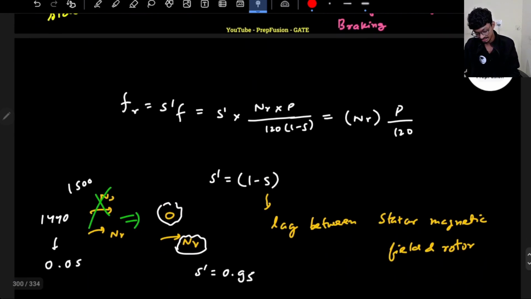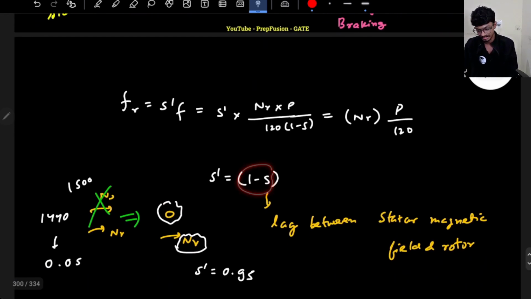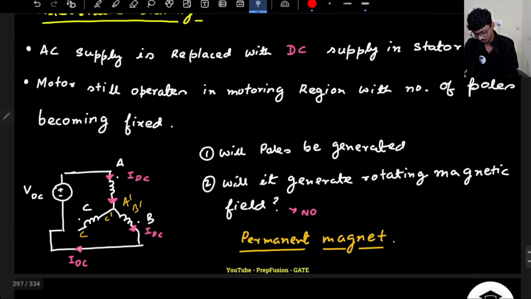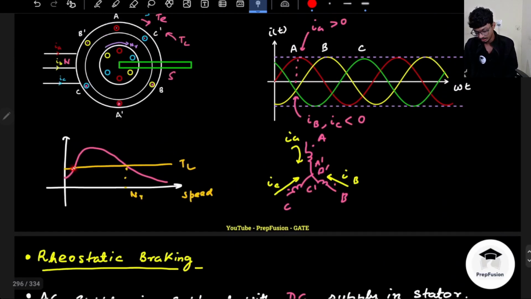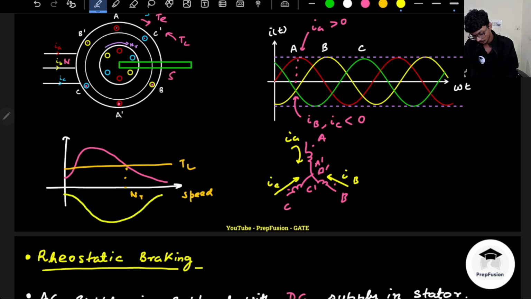Previously the operating slip was S, now it has become 1 minus S. So whatever point was here will come there, and the S point will go there. Basically the graph of the opposing torque will be a mirror image but flipped. So this point will be the 1 minus S point, and this will map to here.